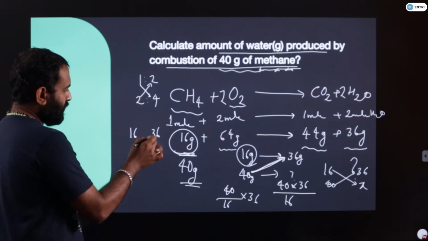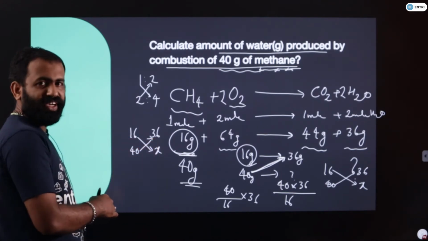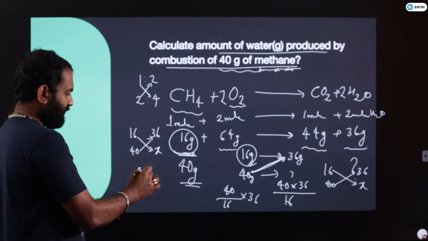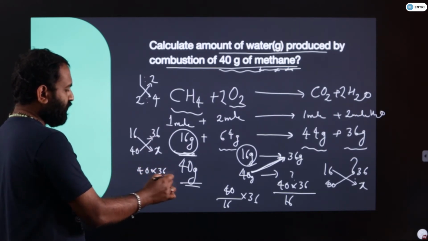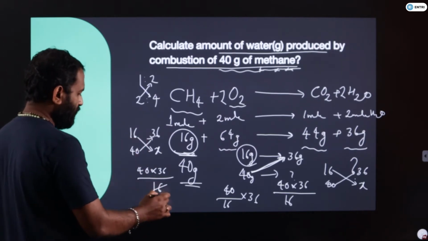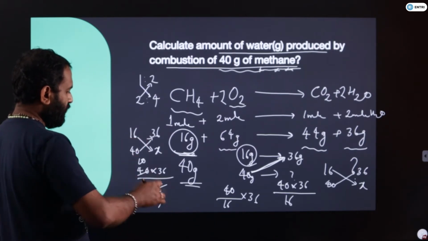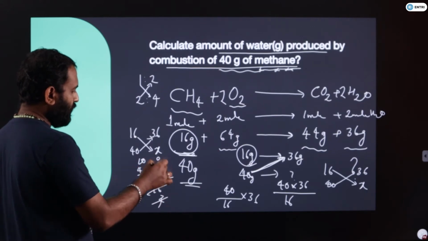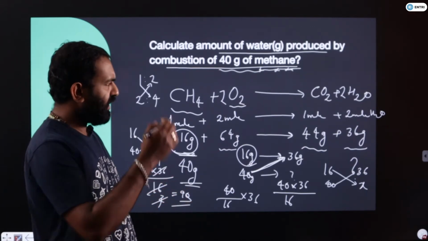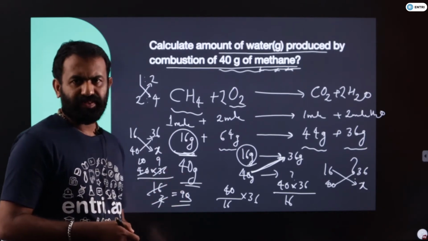So 40 into 36 equals 16 into x, so x equals 40 into 36 divided by 16. That gives 90, so 90 gram of water is produced.